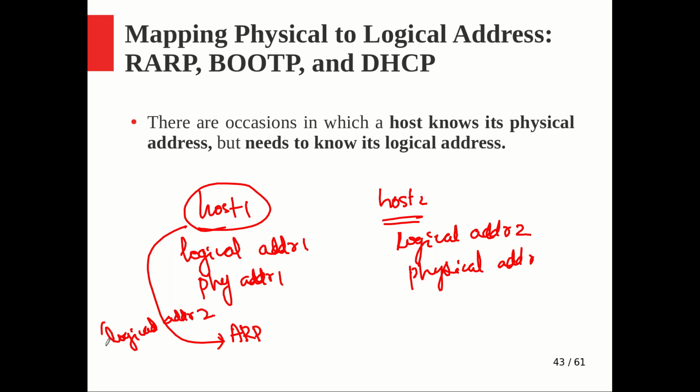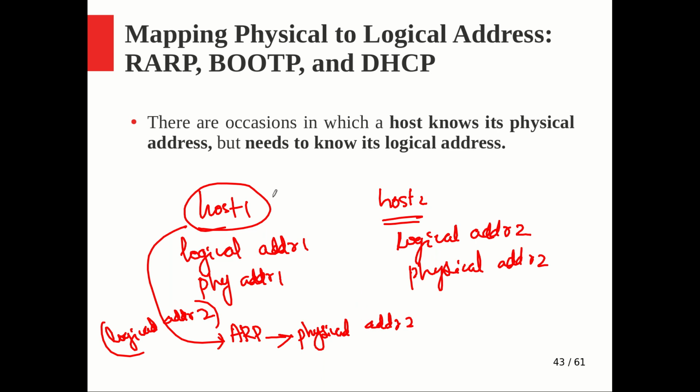That means logical address 2 will be passed as input to ARP, and ARP will reply back with the physical address, that is physical address 2, the physical address of host 2. So this is how ARP is running.